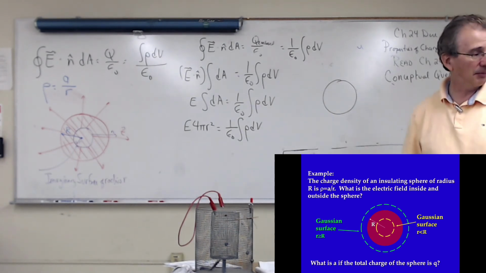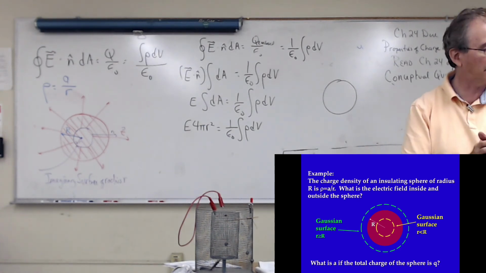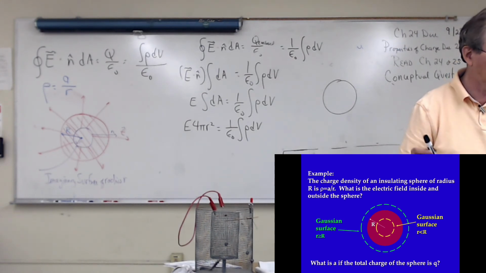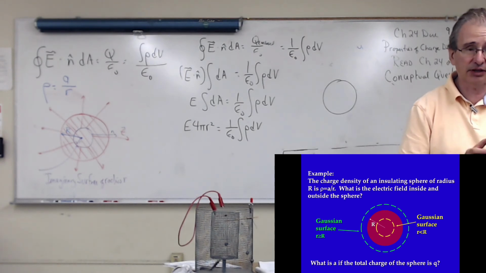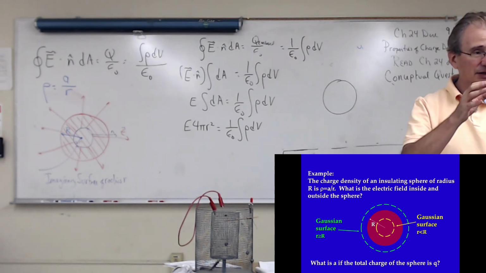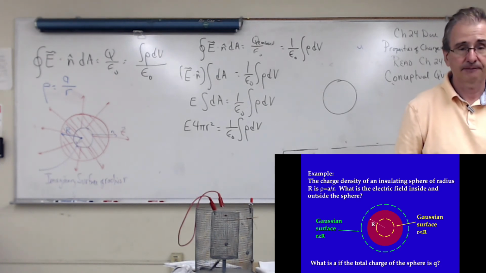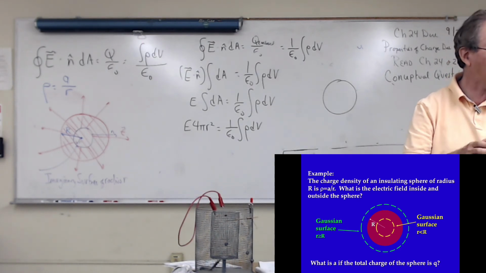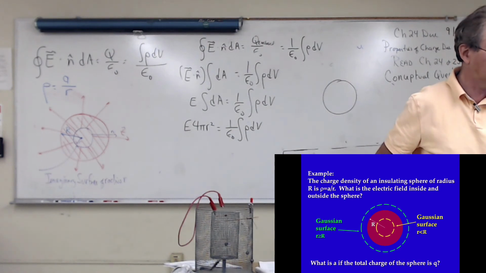Just imagine breaking up a sphere into a bunch of thin shells. Imagine cutting through an onion. What does the onion look like? The onion is basically a bunch of spherical shells with a thickness. And if you add the volume of all the layers of the onion together, you get the total volume of the onion.